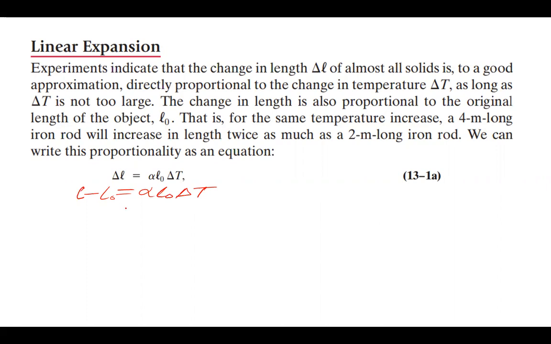When we make L the subject, you're going to have L is equal to L naught plus alpha L naught delta T. This can be factorized to L naught, open brackets, 1 plus alpha delta T. So this equation here is also very important.